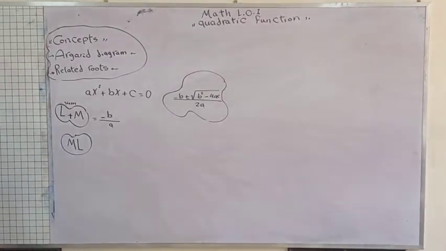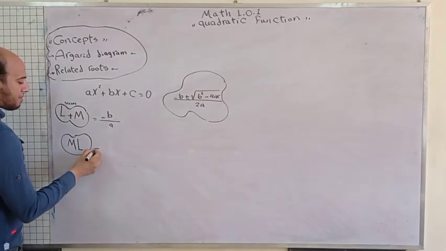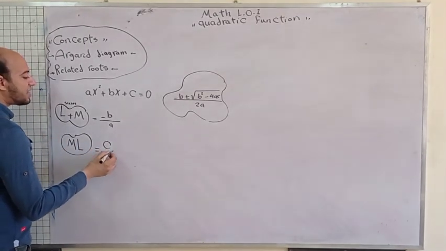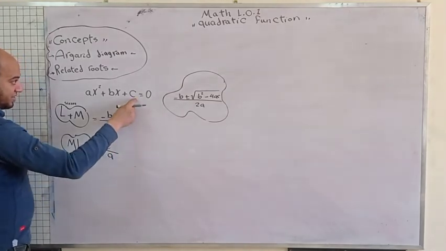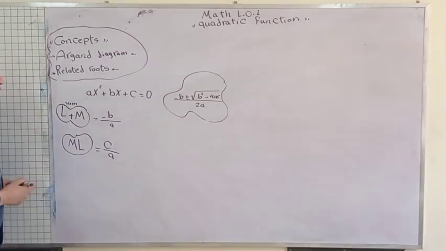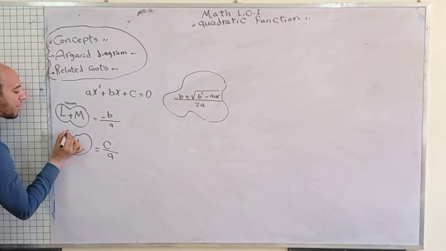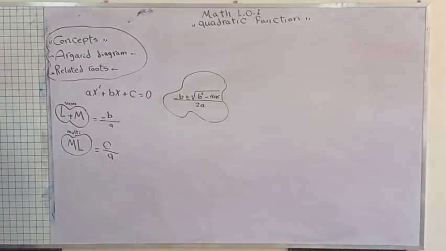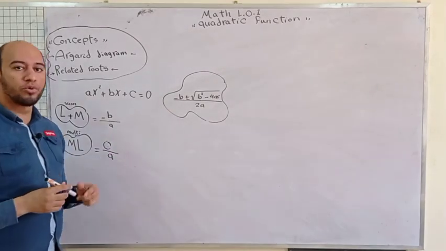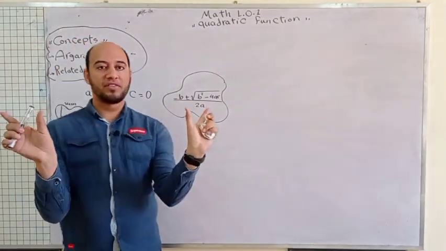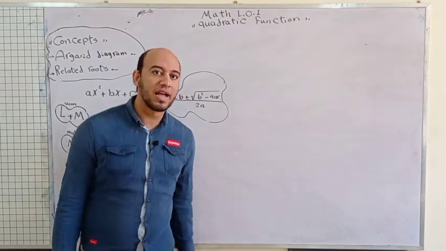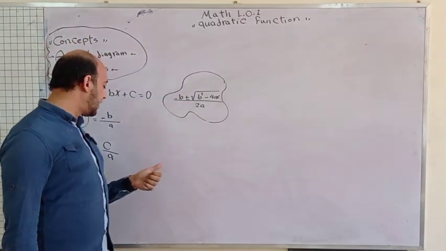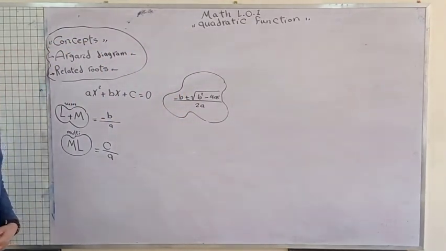It also has a law: m times l equals c over a. How can we get it? This is the multiplication. If you multiply the two roots as conjugates, you will get c over a.